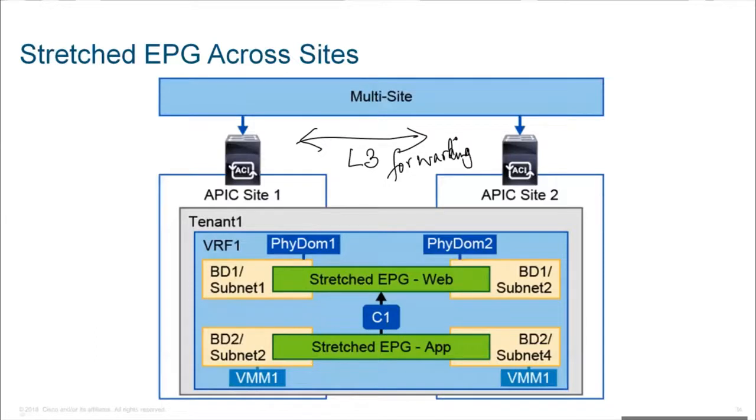But for this design, I have to have 2 independent physical domains and a VMM domain. That essentially means I have to have virtualization to benefit with this feature. The EPG is stretched across the 2 sites, but they are using different subnets.